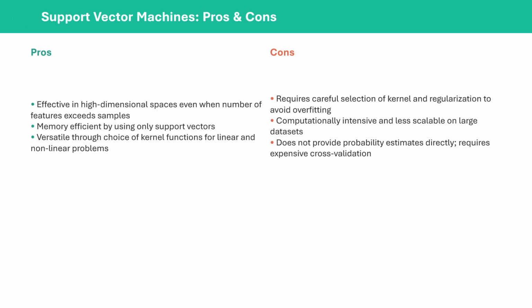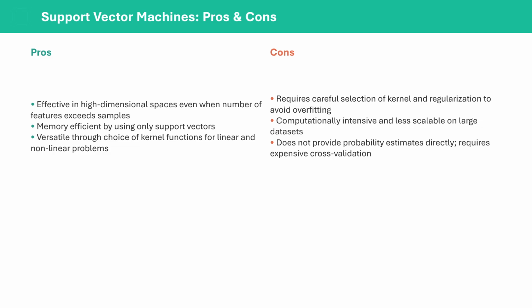So let's be honest. No algorithm is perfect. I don't think there is any machine learning algorithm that is perfect. Okay, support vector machine performs extremely well in high dimensional spaces. When the number of features exceeds the number of samples, many models struggle, but support vector machine does not.